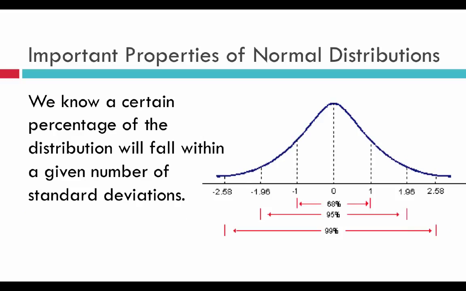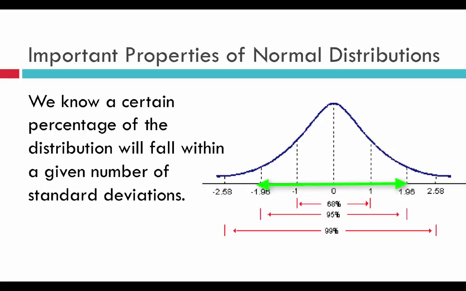So what we can do is rely on a very important property of normal distributions. If we know that some distribution is approximately normal, then we know approximately what percentage of all the data values will fall within a certain distance of the overall mean. You can see in this picture that approximately 68% of the data will fall within one standard deviation of the mean.